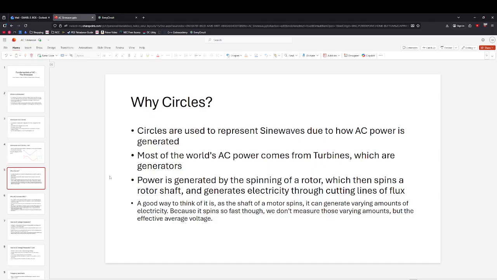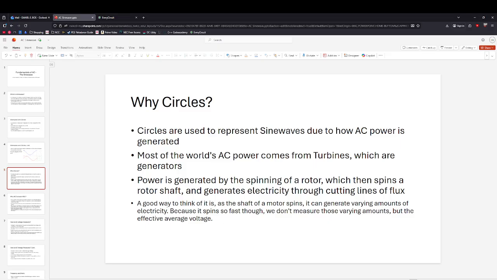Essentially the way it works is a turbine has a set of fan blades that get pushed around by steam, which then spins a part of a generator called a rotor, which spins the shaft, and it has, I believe, a set of copper wires on there that help form an electromagnetic field, and then as the field is formed, it cuts through what are called lines of flux, which are essentially the lines in a magnet.